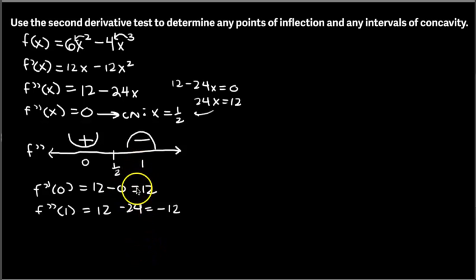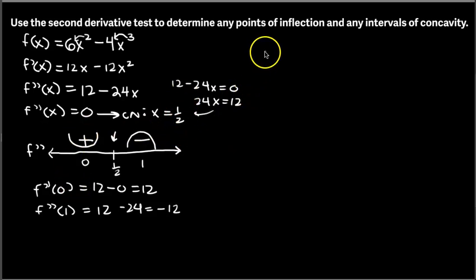So this is a concept that you should remember whenever doing these types of problems. So now that we know that at this value, x equals 1/2, f double prime of x changes from positive to negative, we're going to want to know what is the y value of this point when we plug it back into the original function.